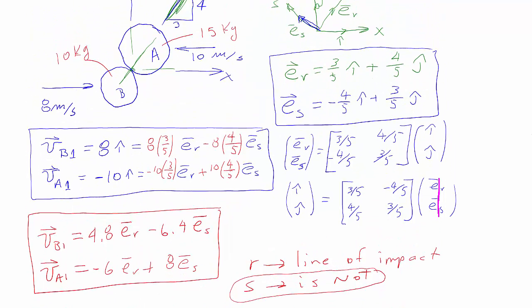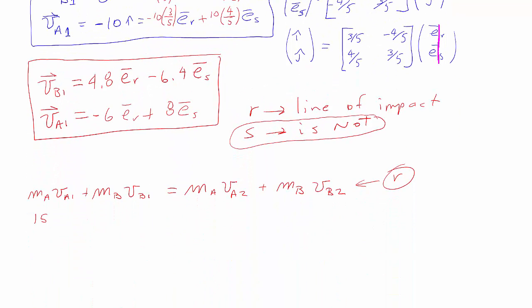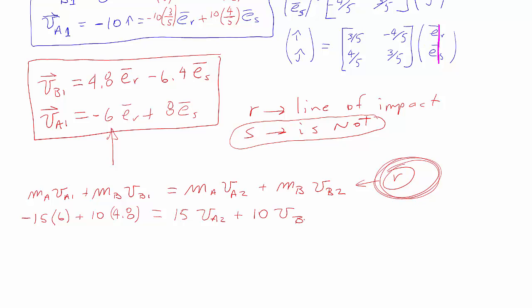Is it along? Yes, that's correct. Got to put a minus sign there. It looks funny if I do it this way. So we have to remember we're using the R components here. Okay, plus 10 times 4.8 equals 15 times, I have no idea what this is. And then 10 times, I have no idea what that is.